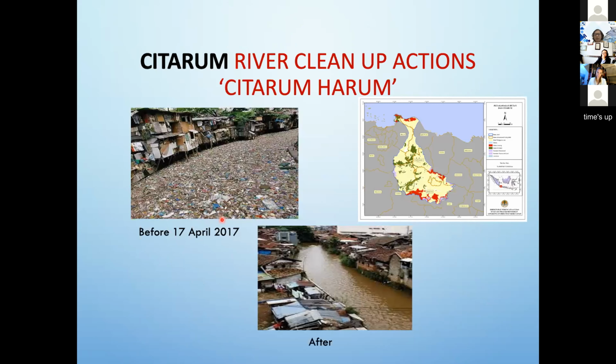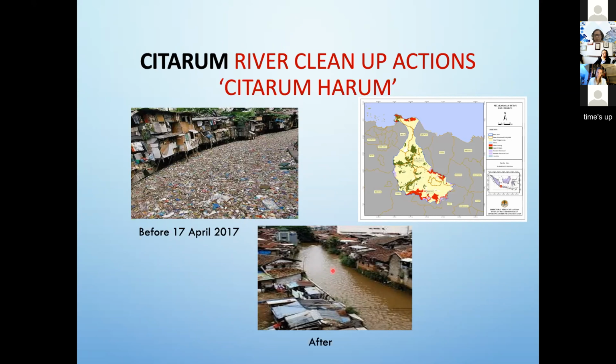And this is one of the government programs, the Citarum River Cleanup Action, Citarum Harum. Before 2017, this was one of the dirtiest rivers in the world. You can see it was very dirty, but after the cleanup action it has become cleaner and better.